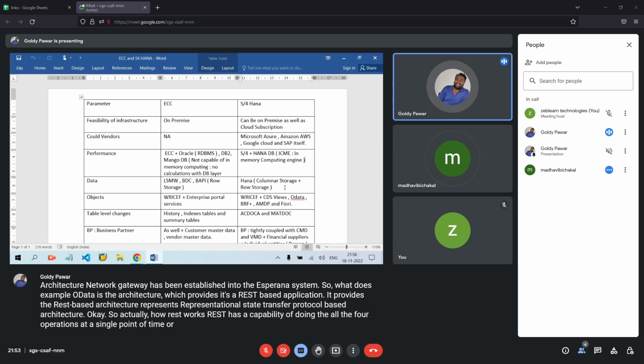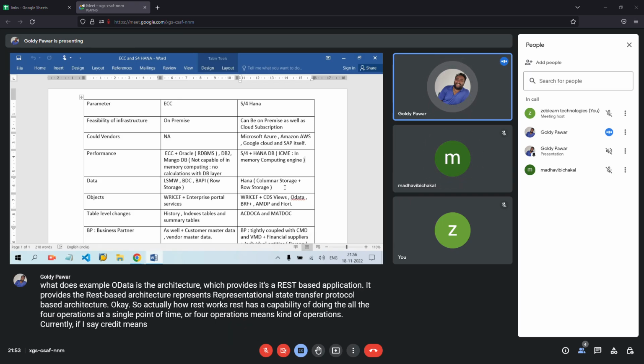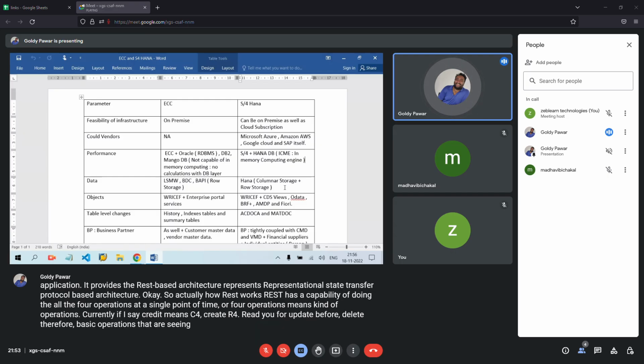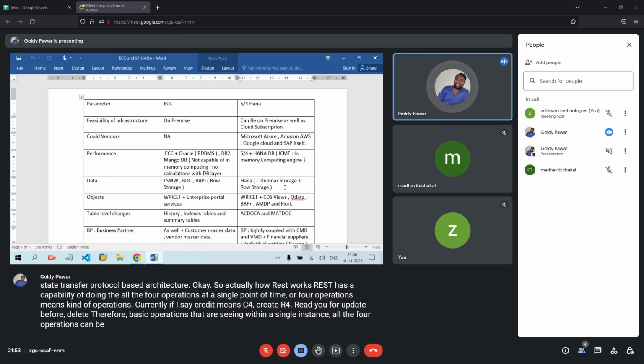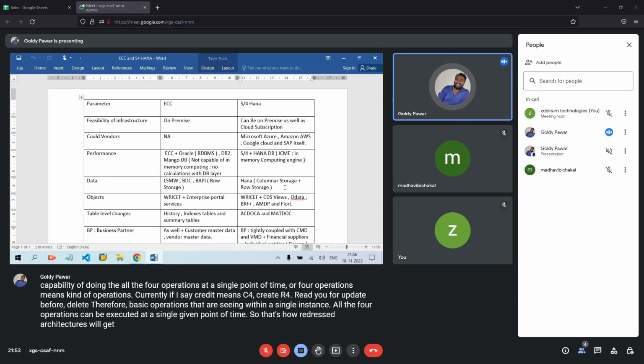Four operations means CRUD operations: C for create, R for read, U for update, D for delete. These are four basic operations within a single instance, and all four can be executed at a single given point of time. That's how REST architectures work in the market and in other technologies also.